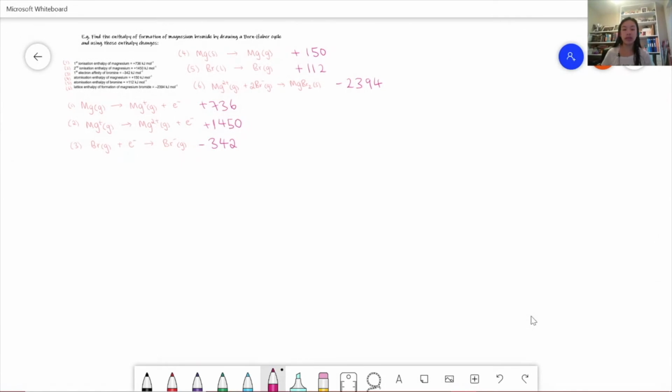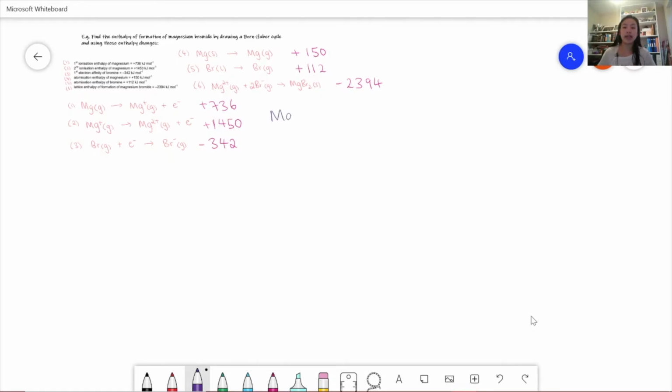Okay, so now it's all a bit more clear. So we don't hear the question anymore. So what I like to do is I start off with what we're trying to find. So we're trying to find the enthalpy of formation of magnesium bromide. And what that means is we're forming 1 mole of magnesium bromide from its constituent elements in their standard states. And so I'm just writing out the equation so I know what it is.